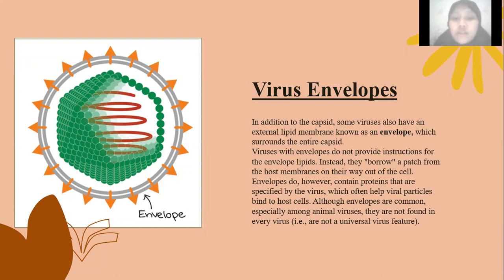Envelopes do, however, contain proteins that are specified by the virus, which often help viral particles bind to host cells. Although envelopes are common, especially among animal viruses, they are not found in every virus.